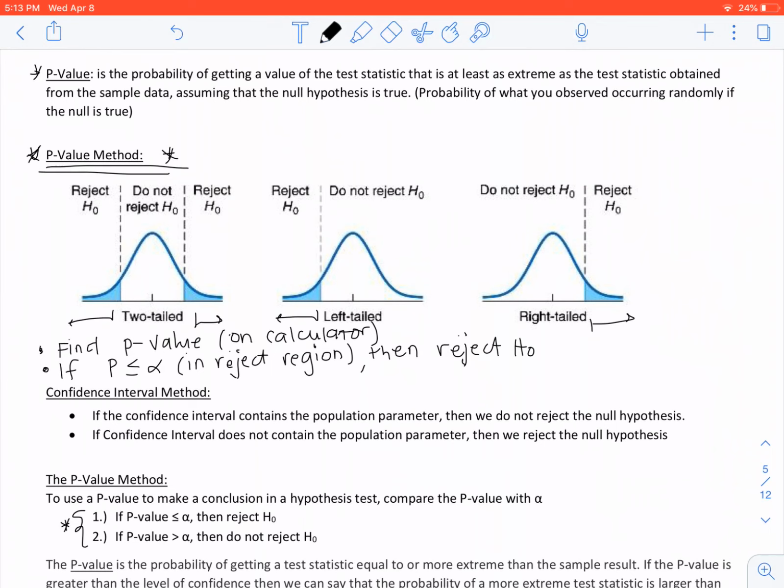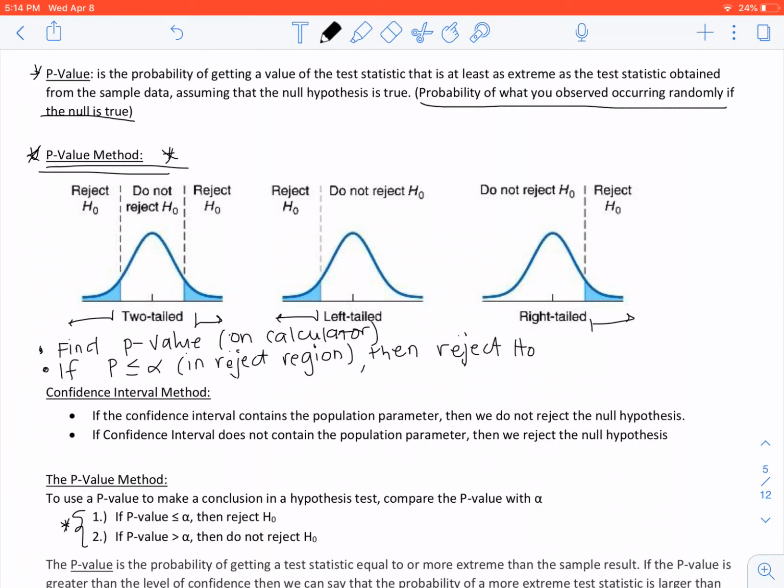So what is a p-value? It's the probability of getting a value of the test statistic that is at least as extreme as the test statistics obtained from a sample data, assuming that the null hypothesis is true. The part in parentheses is wording it not as a textbook, but more in plain English. And so this says the probability of what you observed occurring randomly if the null is true.